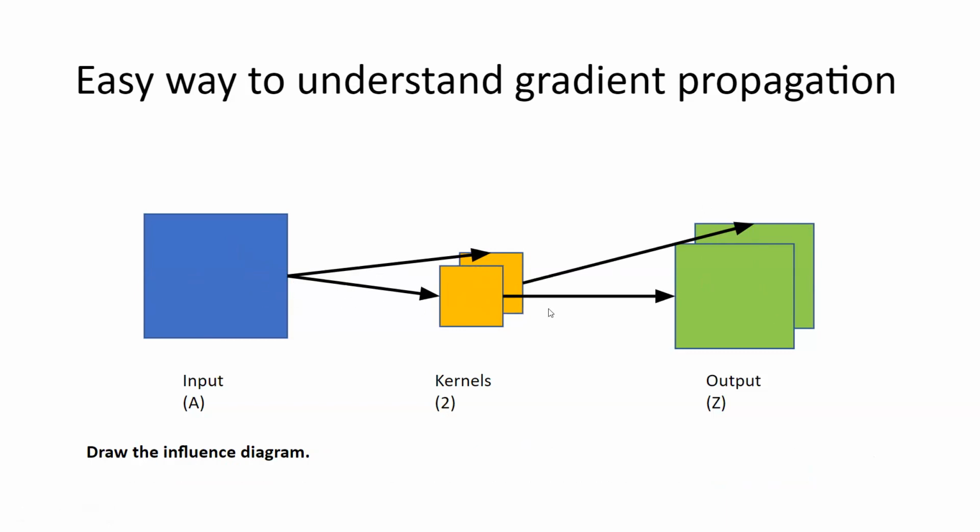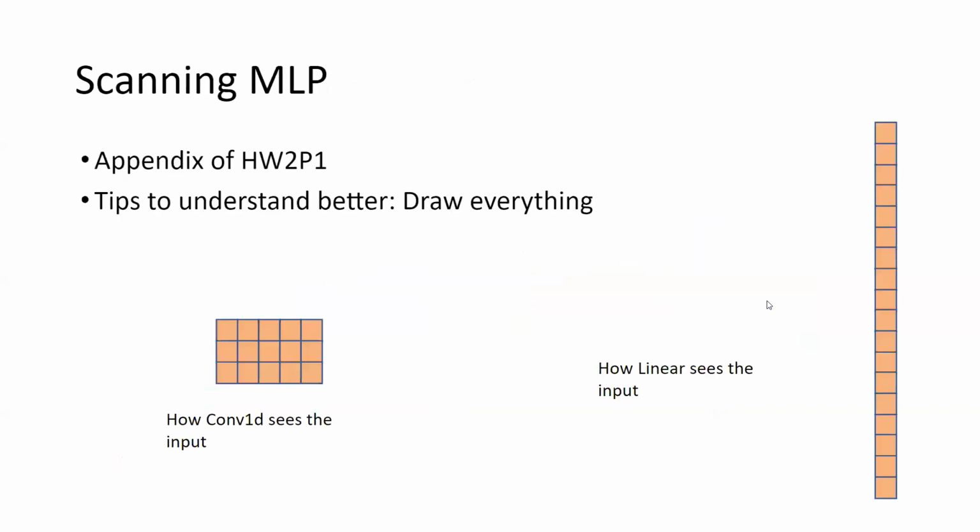Now when you have drawn the influence diagram, it should be easier to figure out that a small change in this input A will cause a change in both of these output maps, because we have both kernels interacting on every element of A. So this is the computation graph that's present.